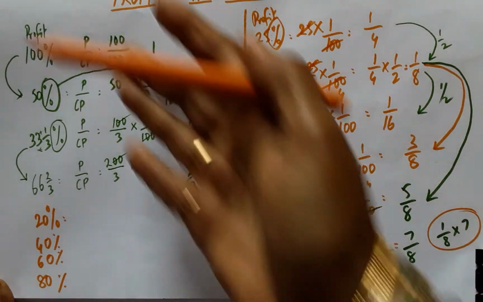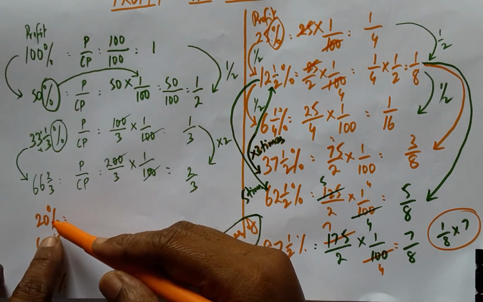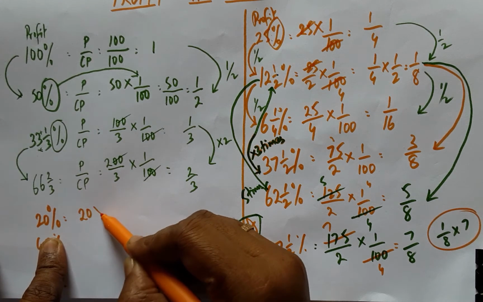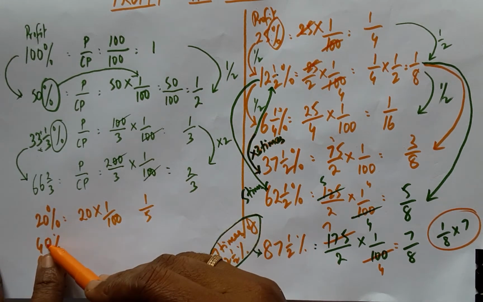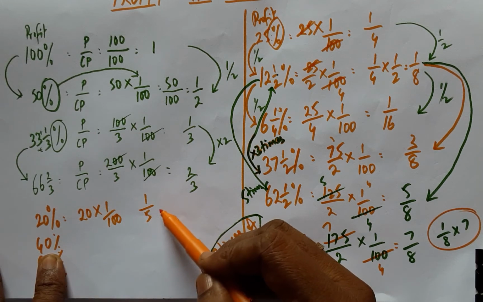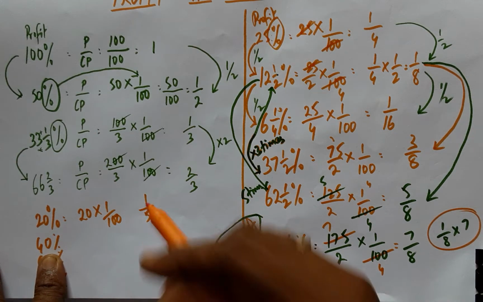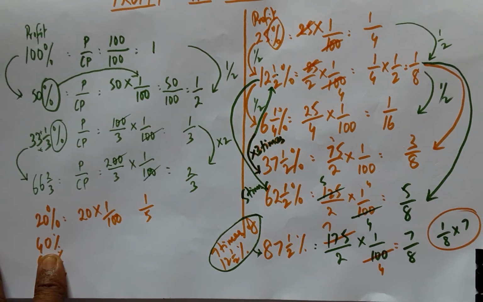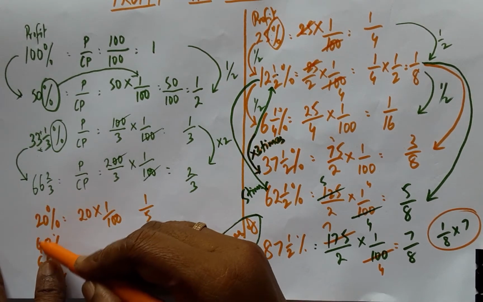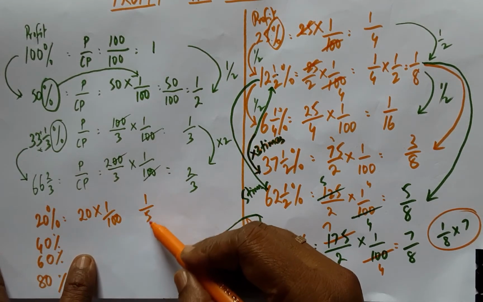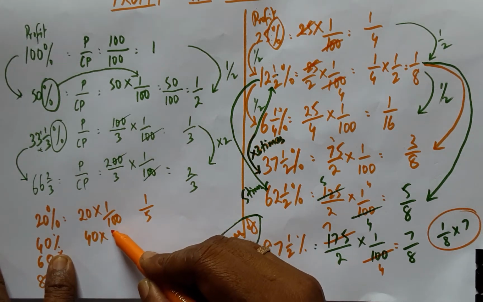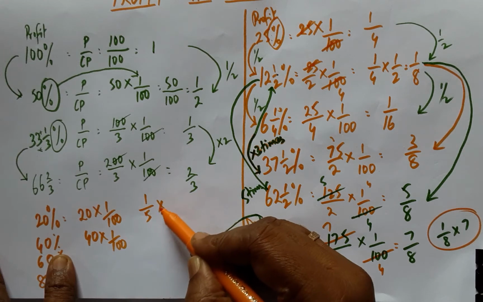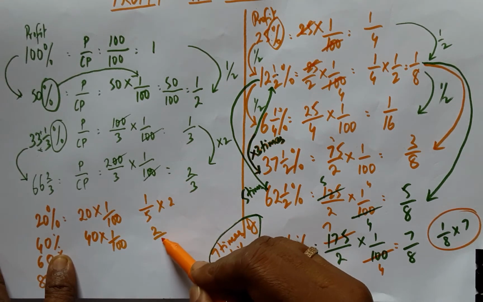Now applying all these parameters, we can see that 20 of 100 is 1/5, and this is half of this, therefore this will be halved. No, 40 is double of 20, therefore this will be doubled, and therefore it would be double 1/5, that is 2/5.